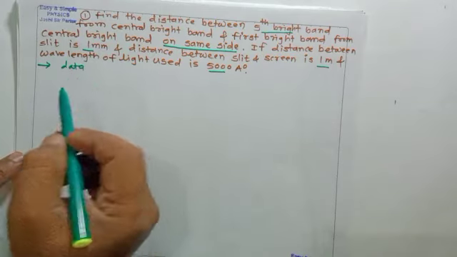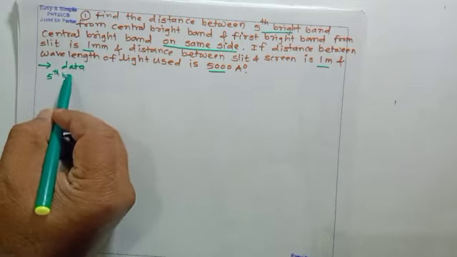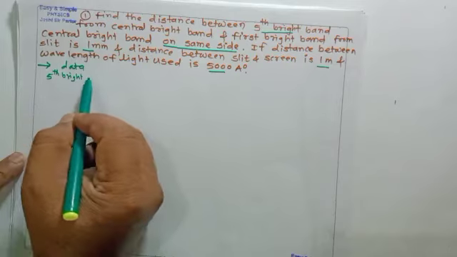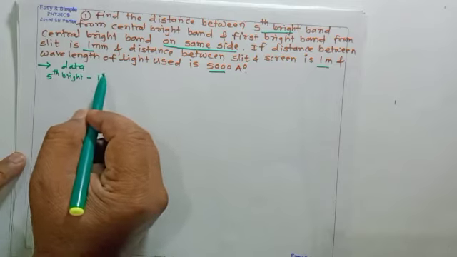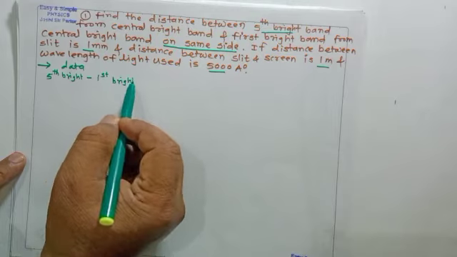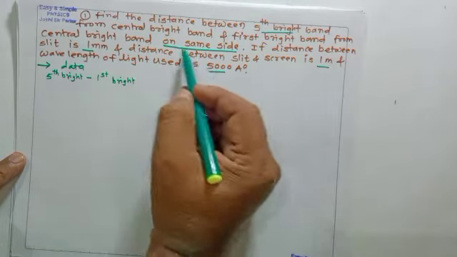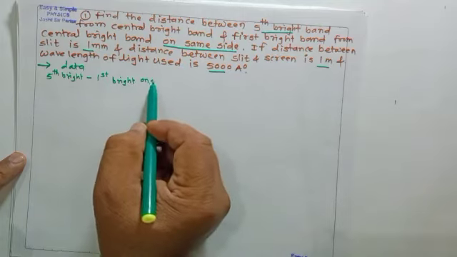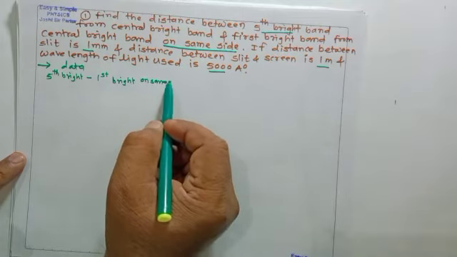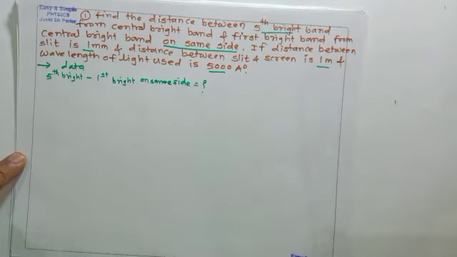Here fifth bright band minus first bright band from central bright band on same side is equal to question mark.